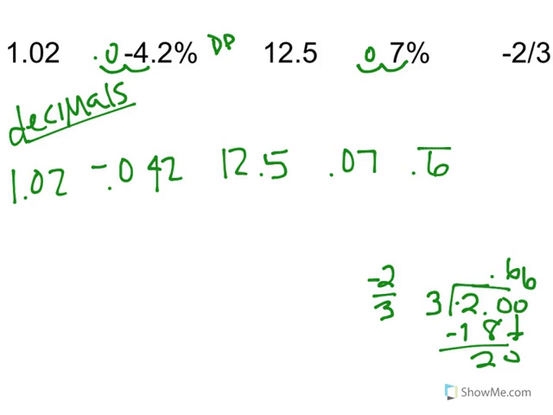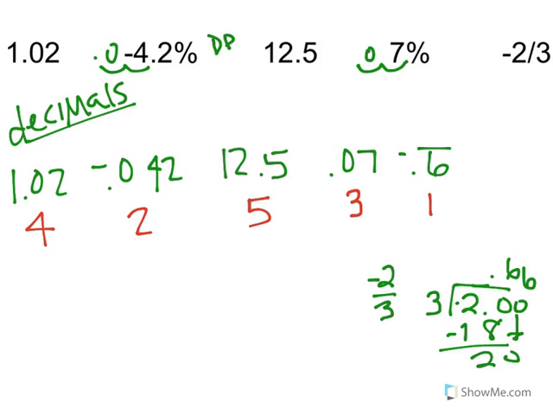So if we look at which one is the least, it's going to be the negative 0.6 repeating, then the negative 0.042, then the 0.07, then the 1.02, then the 12.5. So it's the same order.